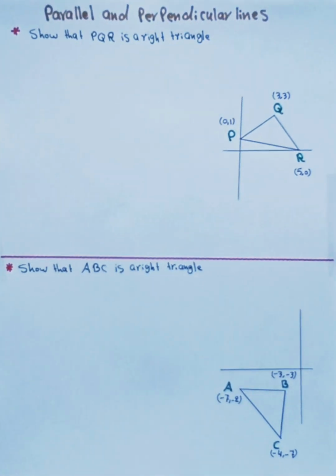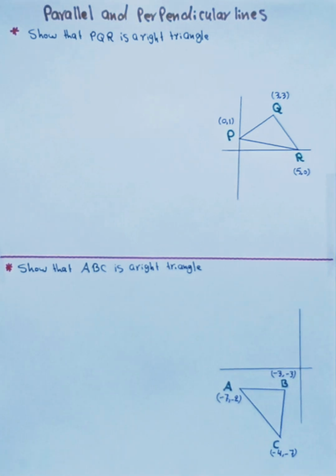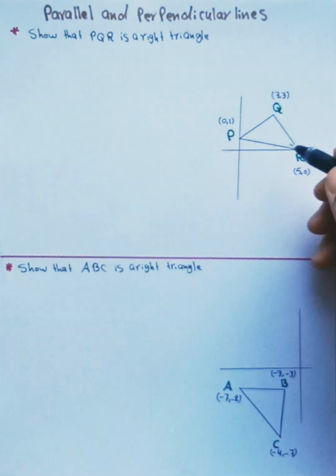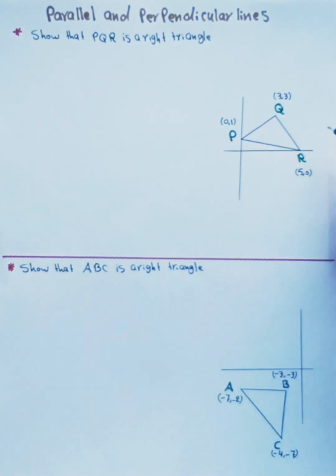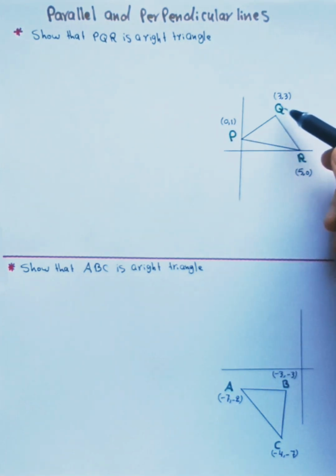After that, we have this example about perpendicular lines. We have to show that in this figure, PQR is a right triangle. If PQR is a right triangle, then PQ will be perpendicular to QR.